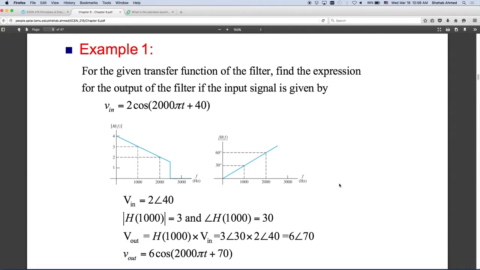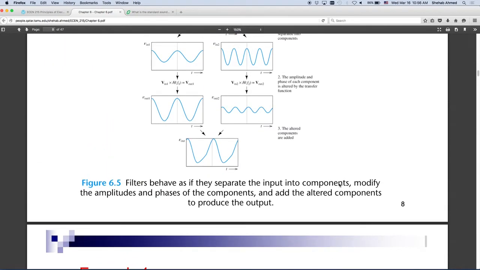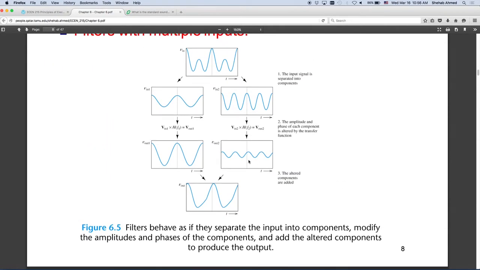We also said that the phase shift of this signal changed as well, right? So the peak here, there's a line that goes all the way up to the peak of this waveform, but the peak of this waveform is shifted from where this line is, right? So the peak is a bit shifted in the output.